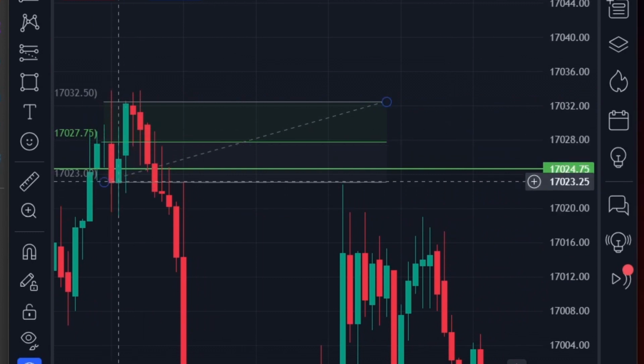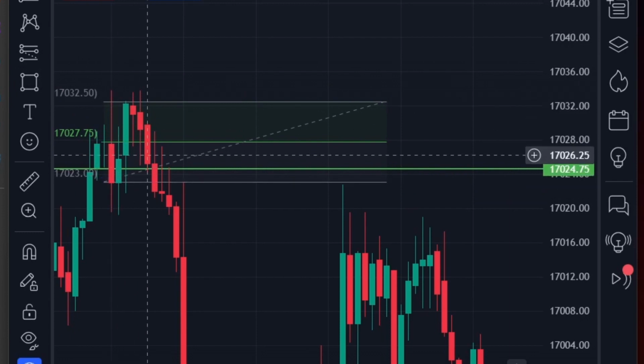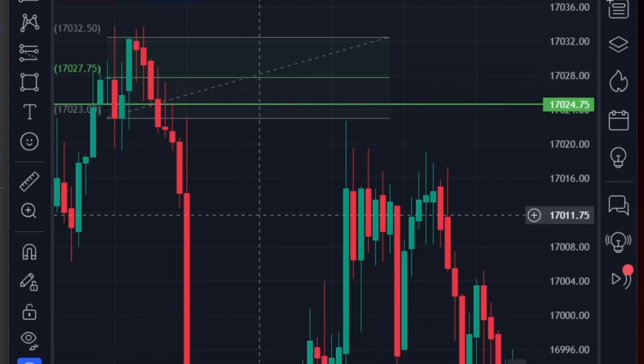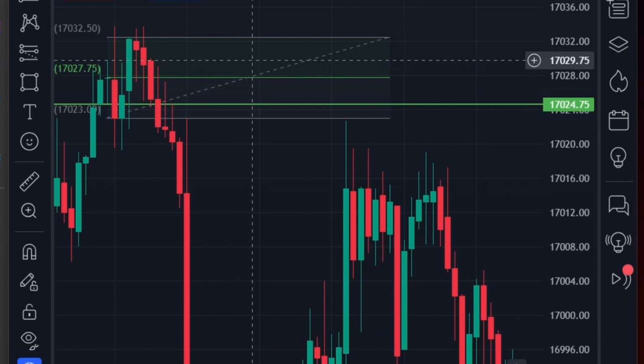And as you can see, we marked out the body of the candle with a fib. If the market closes above the 50%, you'll not be taking a trade. Let's look for another example on the chart.